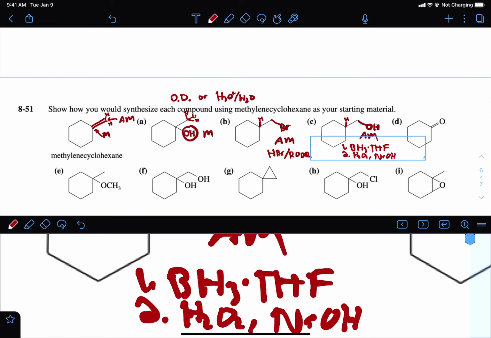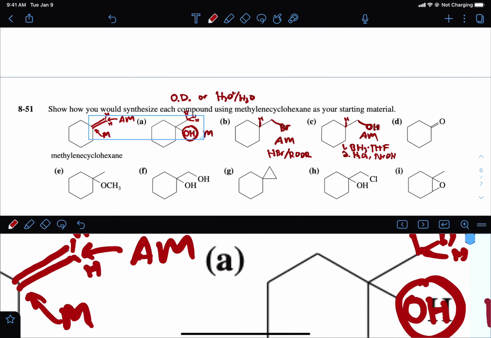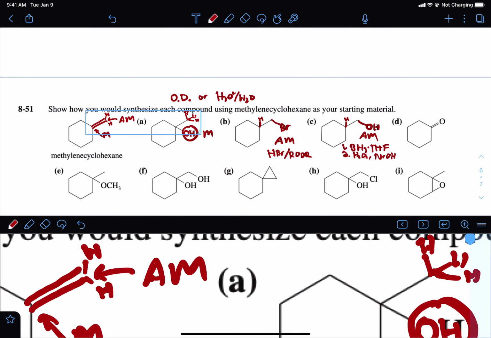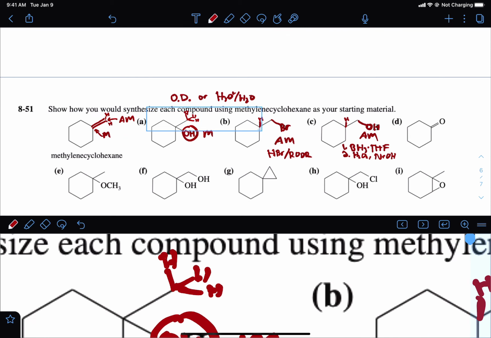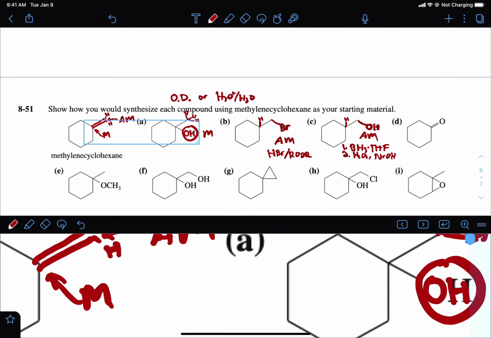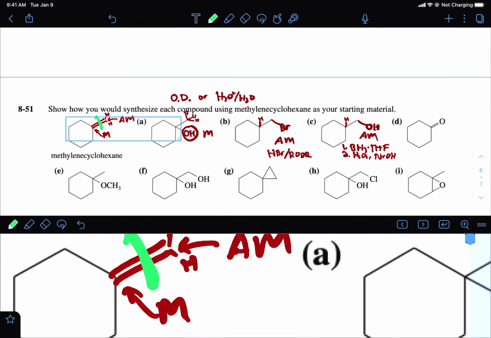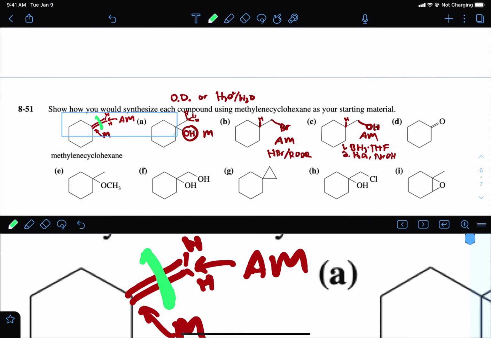All right, the next one is a little bit hard to spot because it looks like you're taking that CH2 over here and replacing it with an O. But really what you're doing is cleaving that double bond. You're breaking off the CH2. It's gone. It broke off.